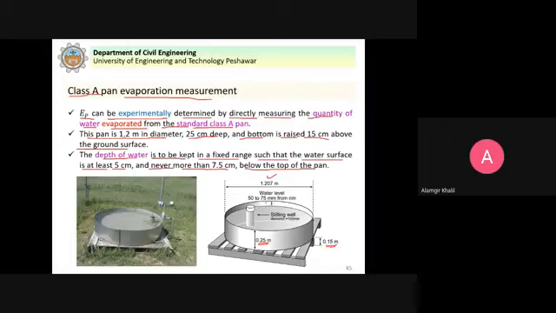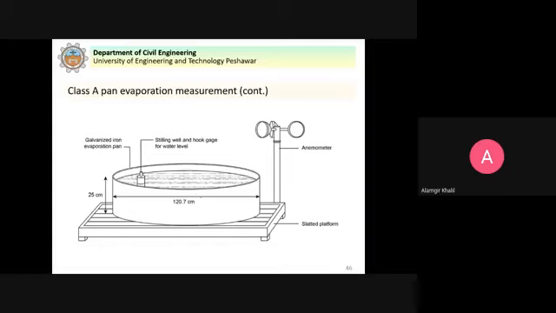So the water evaporates, and then the depth of water is calculated. This is how we can estimate the EP. This is another picture. Sometimes we place the anemometer here to measure the wind speed also.